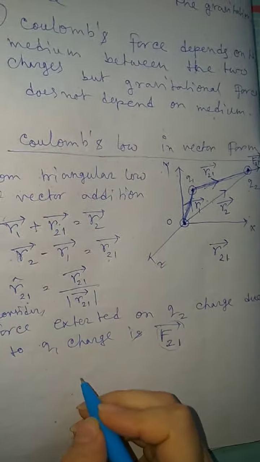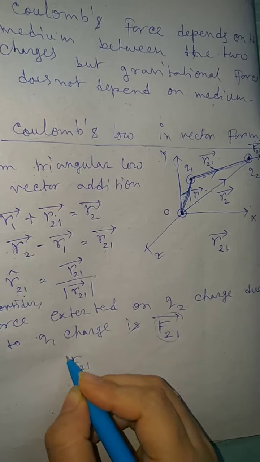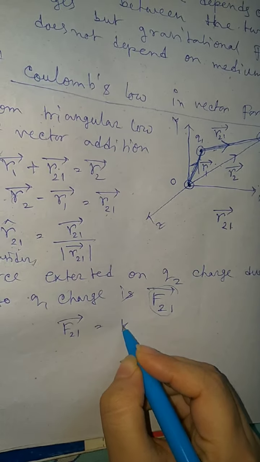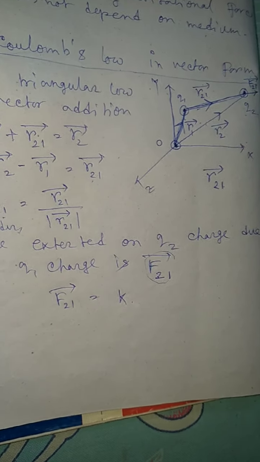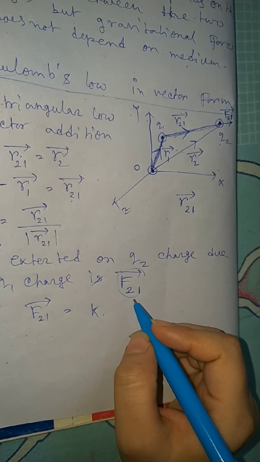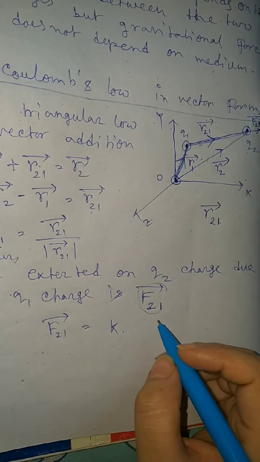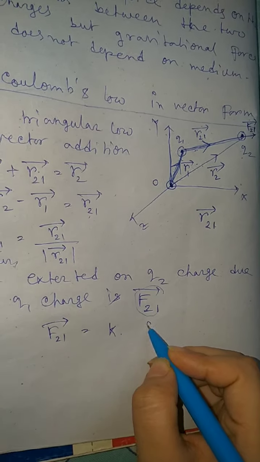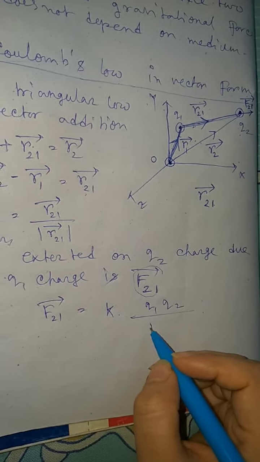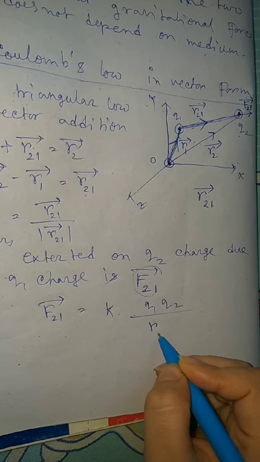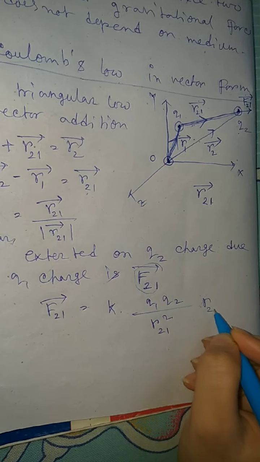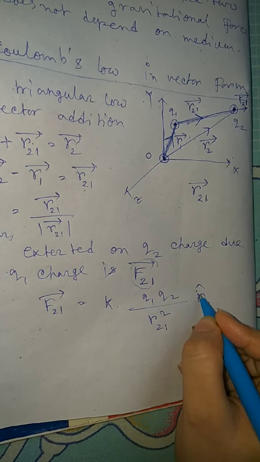So now F21, from Coulomb's law we can write F21 equals to K Q1 Q2 by R21 square R21 cap.